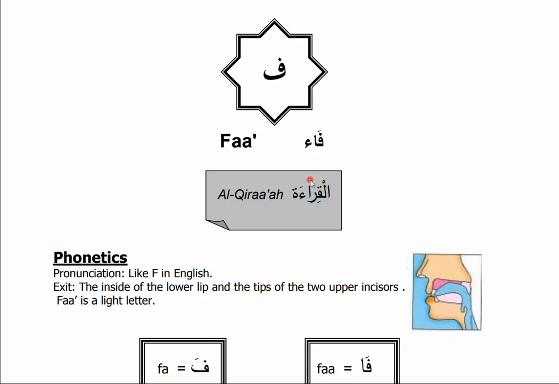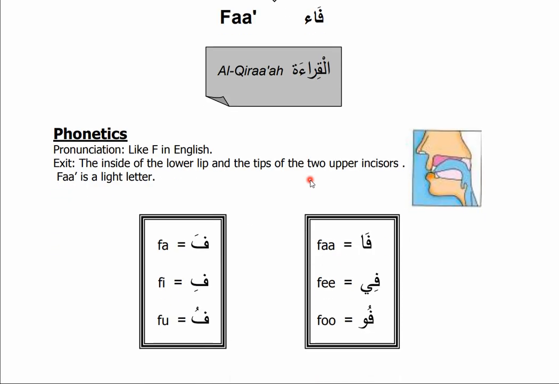So as you know, fa is also a light letter and the articulation, the makhraj of the letter, is from the lower lips and the tips of the two upper incisors.